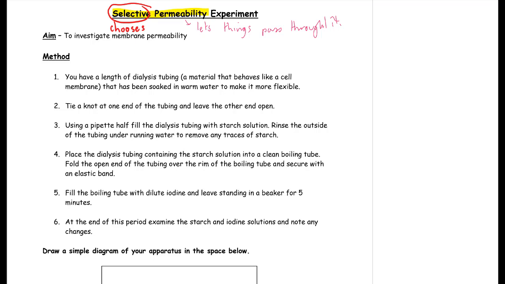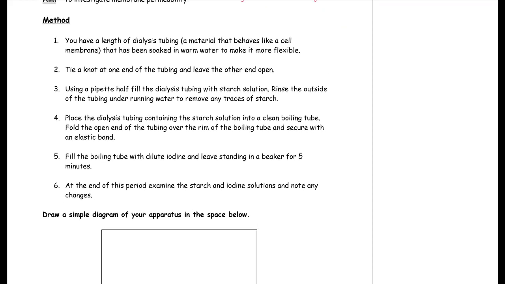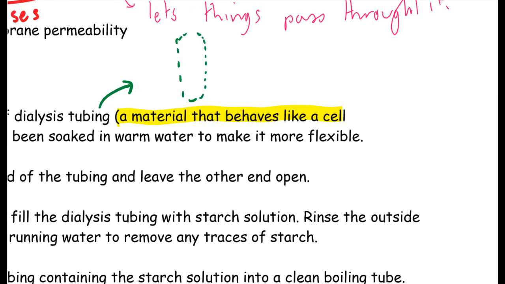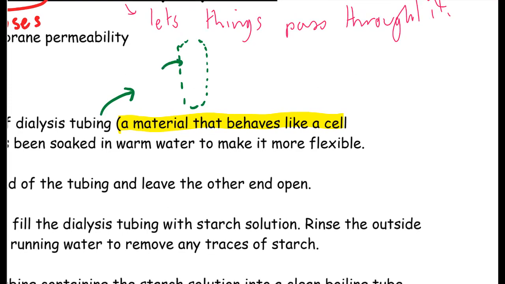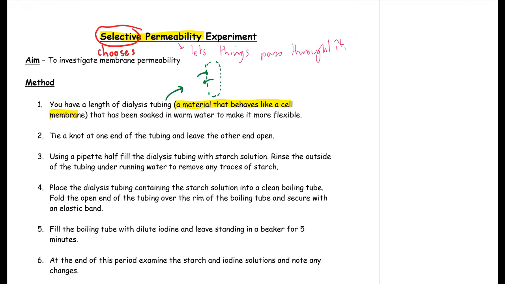This little experiment demonstrates that. So we get a length of dialysis tubing, which behaves like a cell membrane. The reason it behaves like a cell membrane is because it is slightly permeable. So it has these tiny microscopic holes in it, which substances can pass through or out. It's not quite as complex as a cell membrane, but it gives us a good likeness for this experiment.